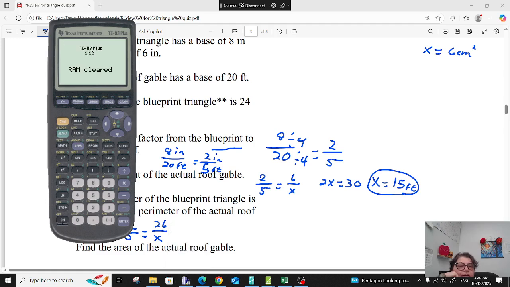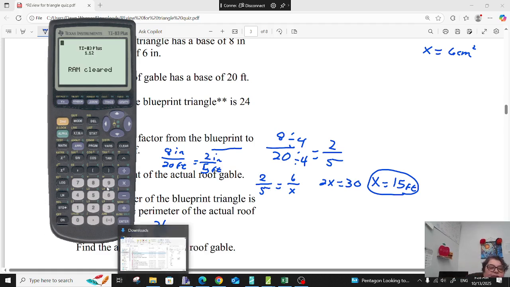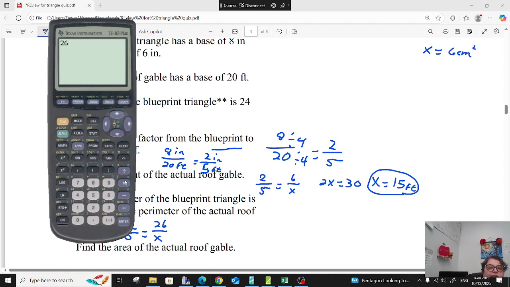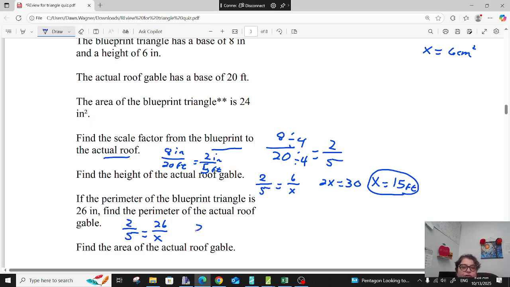What's 26 times 5? 26 times 5 is 130. So 2x is equal to 130. What does x equal then? 65 inches. Oh, wait, not inches. 65 feet.